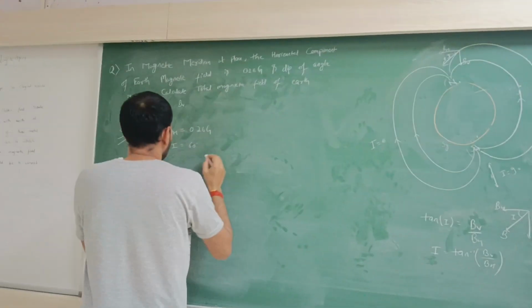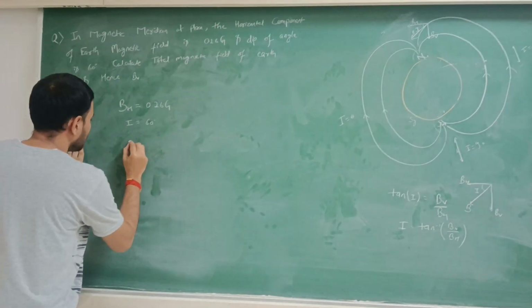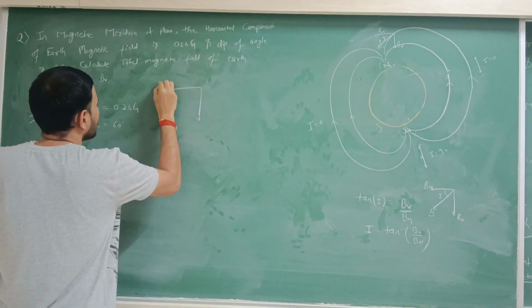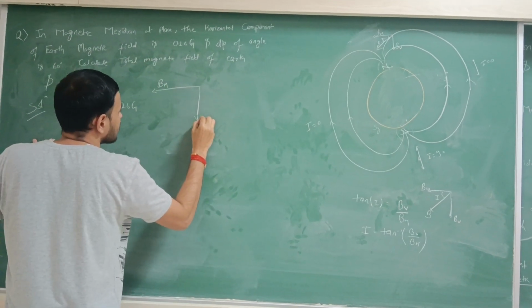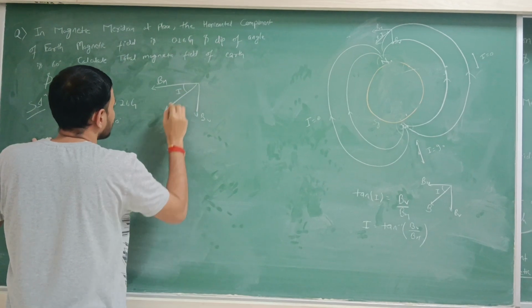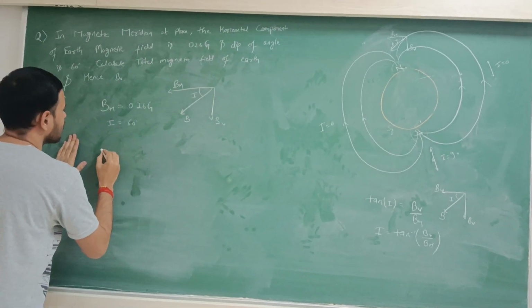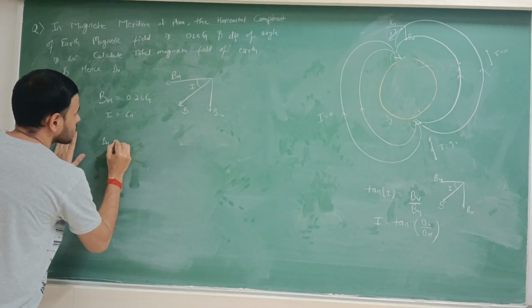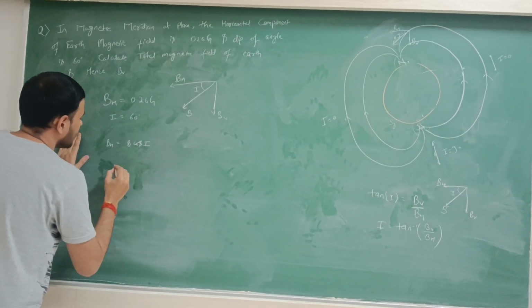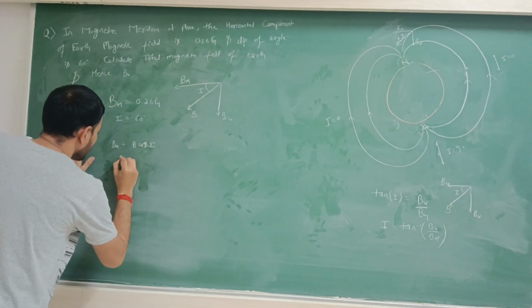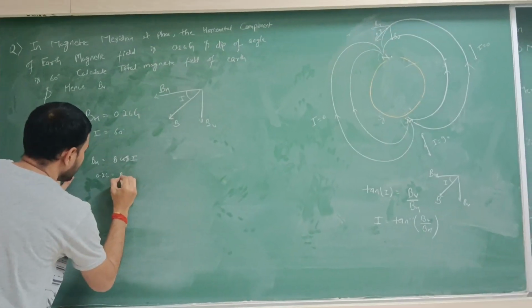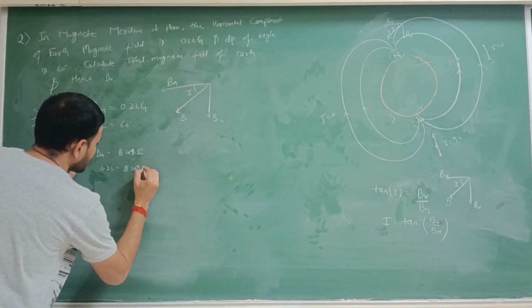Now if I take BH and BV, then BH is equal to B cos I. Then BH is equal to 0.26 is equal to B cos of 60 degrees.